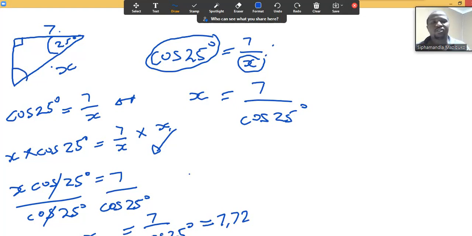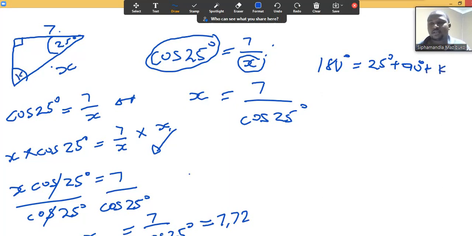Suppose we wanted to find another angle here, we can still do that, because we know that the sum of these three angles shall give us 180. So we can say we have 180 is equal to 25 degrees plus 90 degrees plus the unknown angle, we can call it k.